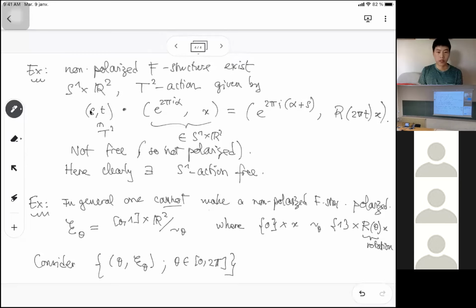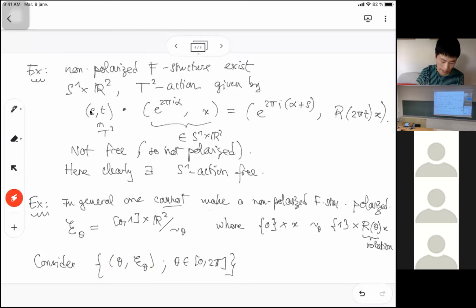And what we want to do next is to glue the 2 boundaries. And now you have a 4-dimensional manifold with 2 connected components as the boundary. And you want to glue these 2 boundaries. So let's think about that for a second. Here, when theta is 0, then E theta is E0, which is simply the flat S1 cross R2.